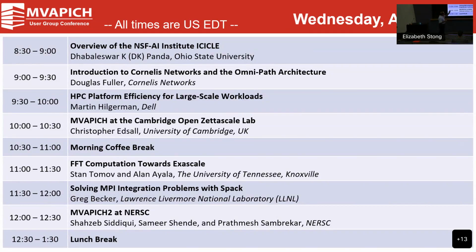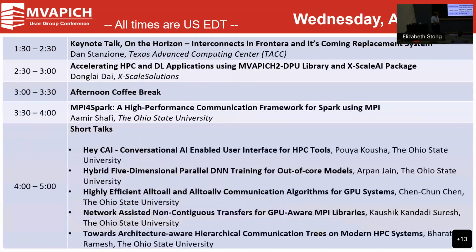After the coffee break, Stan and Alan from University of Tennessee present FFT computation towards Exascale. Then Greg Baker from Livermore on solving API integration problems with Spack. Then Sajeev, Samir, and Prathmesh from NERSC share their experience with MVAPICH2 at NERSC.